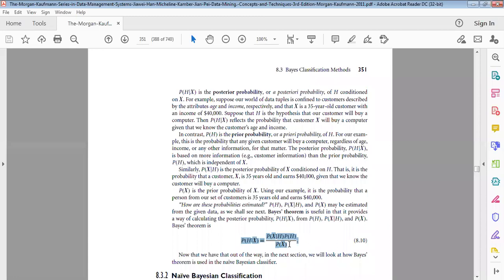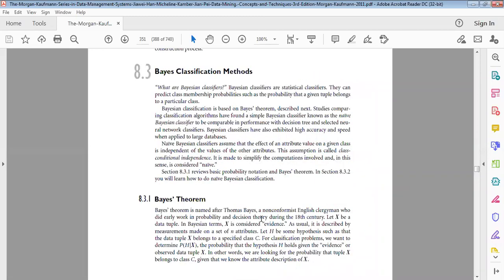From an examination point of view, they will ask this type of question: explain about Bayes theorem. At that time, you have to explain Bayes theorem with the definition. Bayes theorem is simply stated in terms of the evidence for a particular hypothesis.